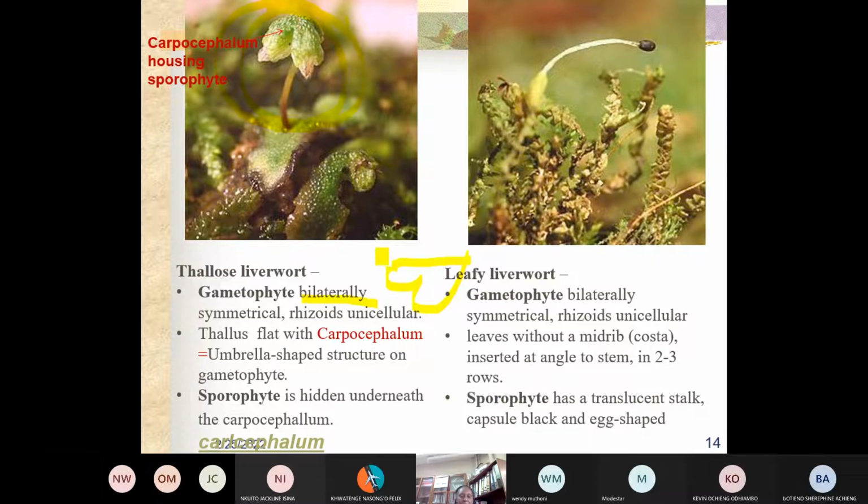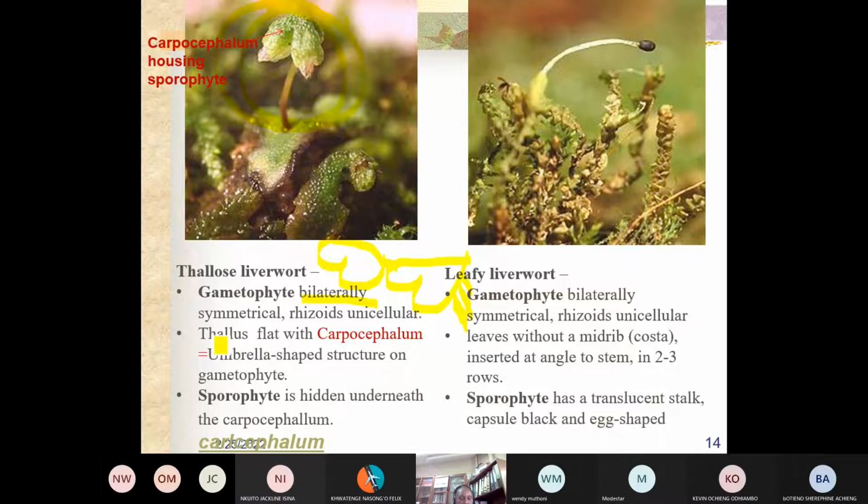And you may get a new one there, and then again, you get that kind of shape. So it is bilateral, symmetrical. The rhizoids are, of course, found at the bottom. And the rhizoids are unicellular. So this is just one cell making up that rhizoid, one cell.